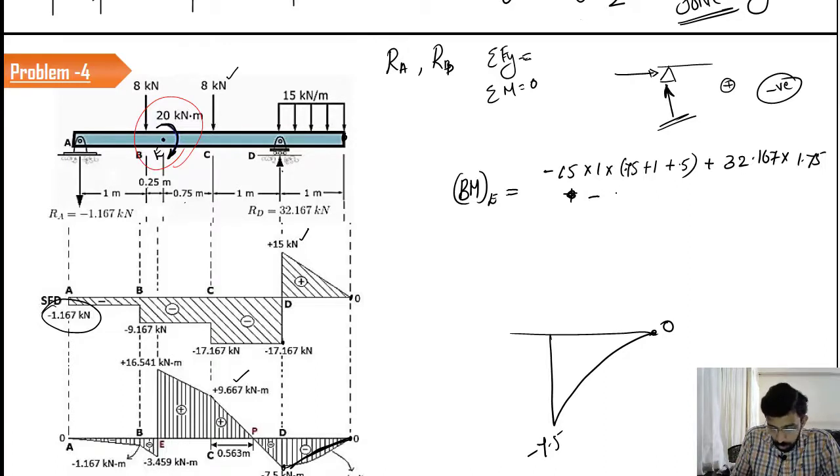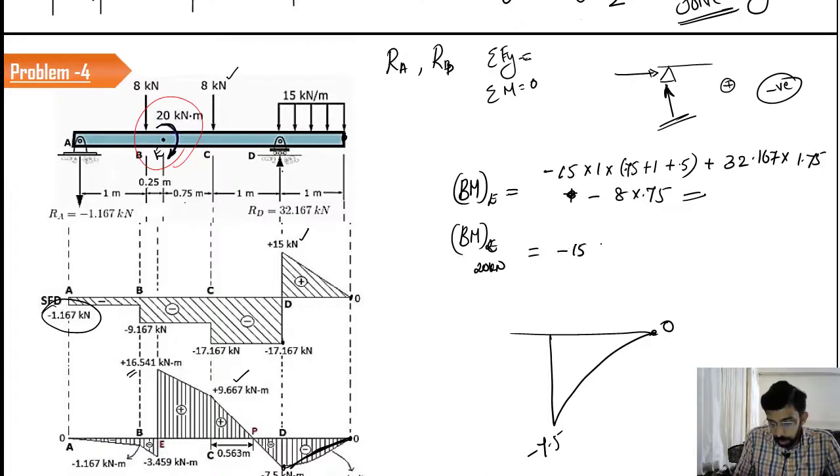Again 8 is going to create a hogging effect, so 8 into 0.75, right? This is one moment. And if you calculate this, you will get it as 16.541.